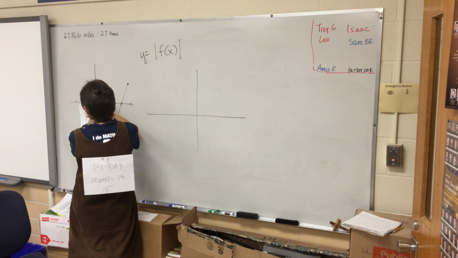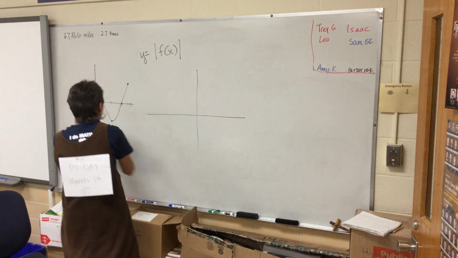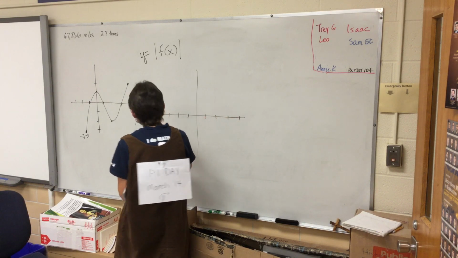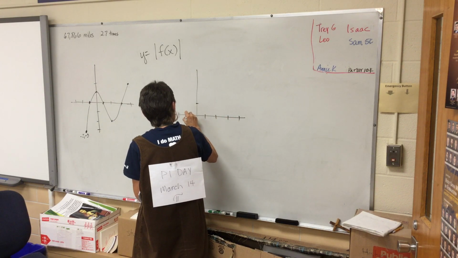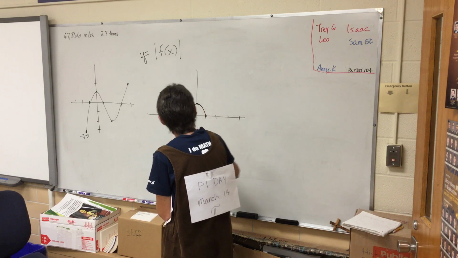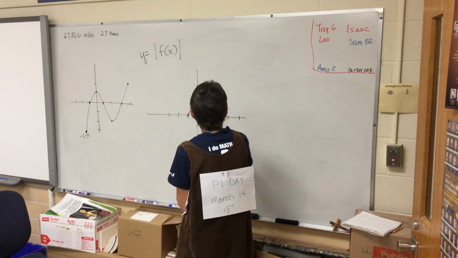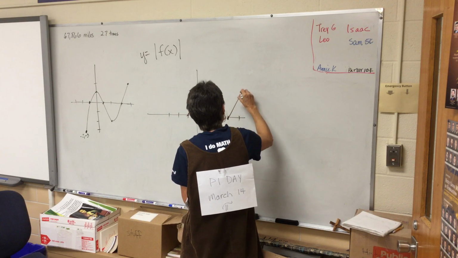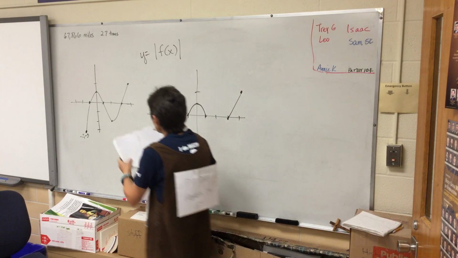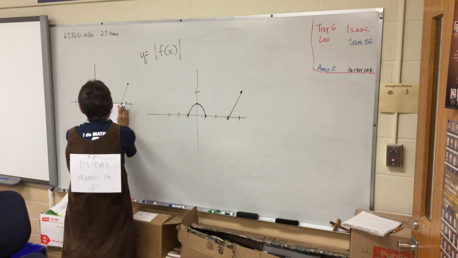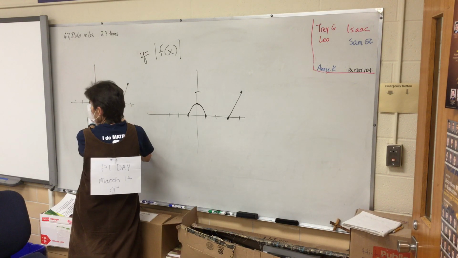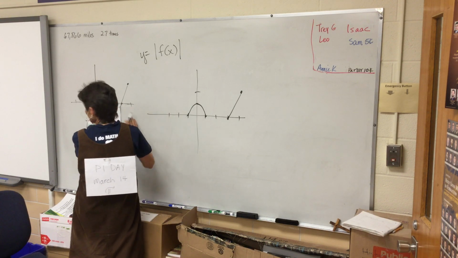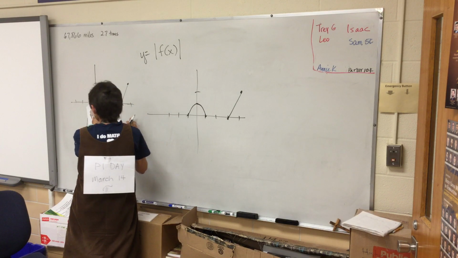These are positive y values. So that part of the picture is going to stay exactly the same. The positive parts don't get changed. Anything above the x-axis is positive, and it isn't going to change. When you take the absolute value of something positive, it just stays the same.